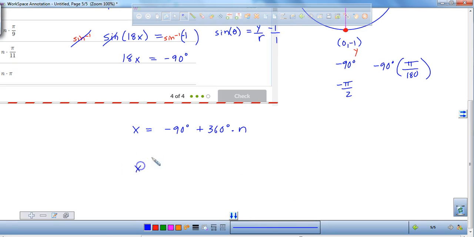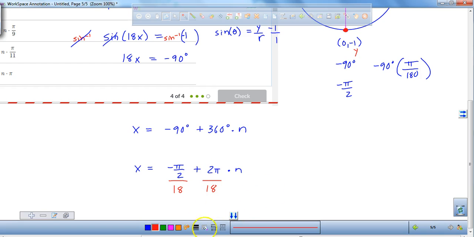But if we were going to do this in radians, before we divide everything by 18, it's going to be negative pi over 2 radians, plus, now what's 360 in radians? 2 pi times n. That's what our answer would be before we had to divide everything by 18. So now all I'm going to do is take this approximate value and this approximate value and divide everything by 18 to get our answer.